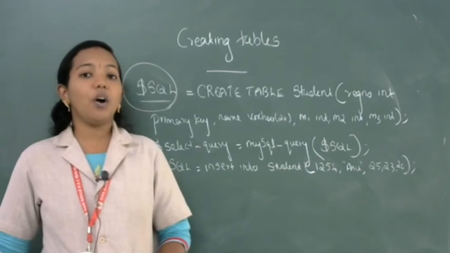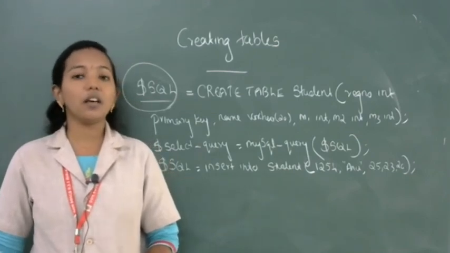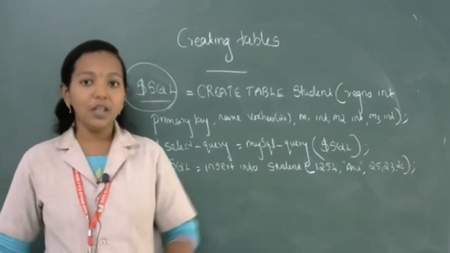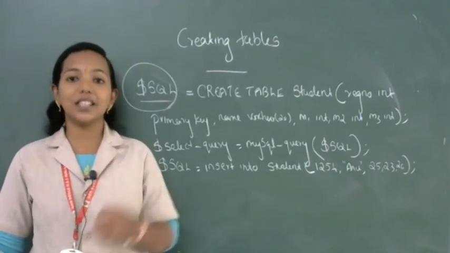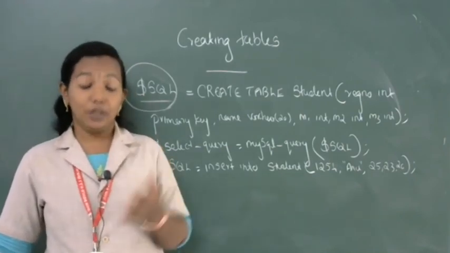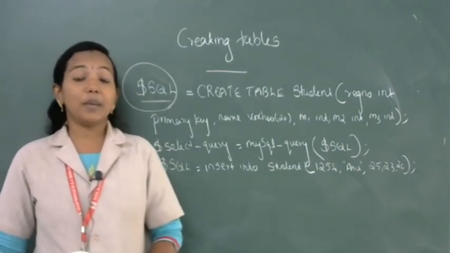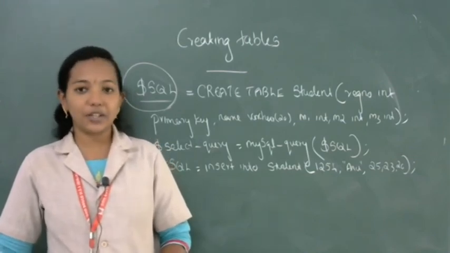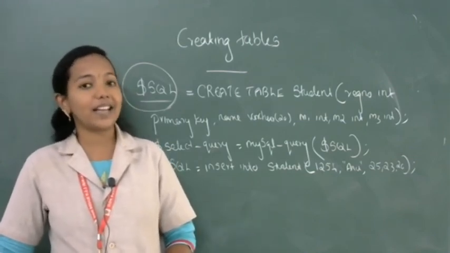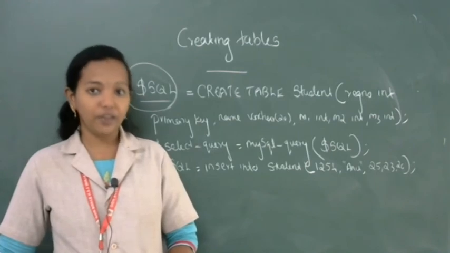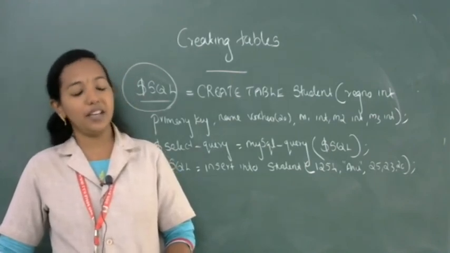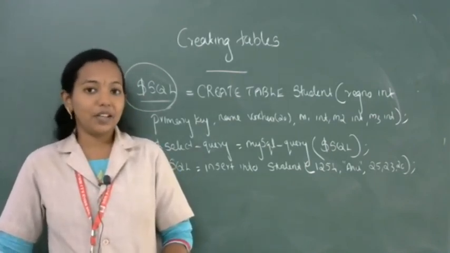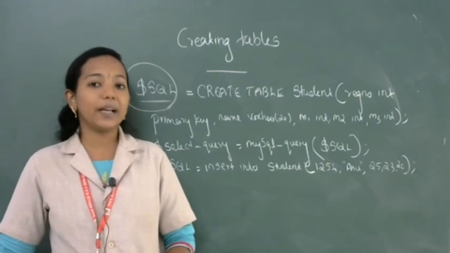After that, $DB found is a variable used to store the result of the MySQL select DB function. That means we are checking whether a database is present or not. If the database is present, then we can go for the third step, reading data from database.